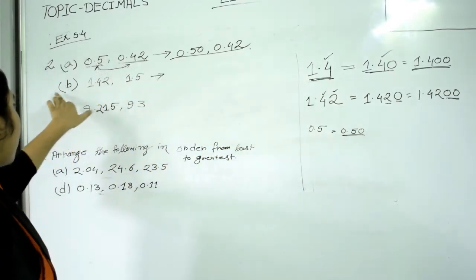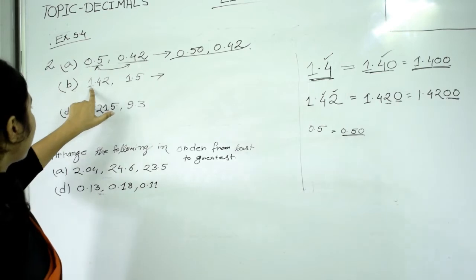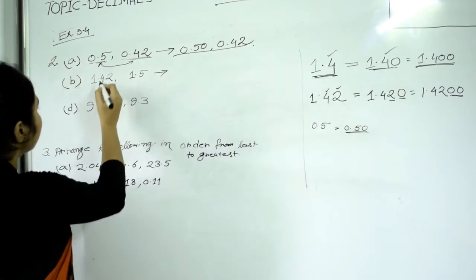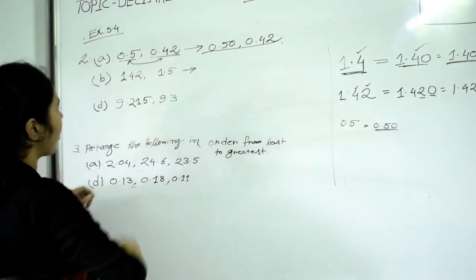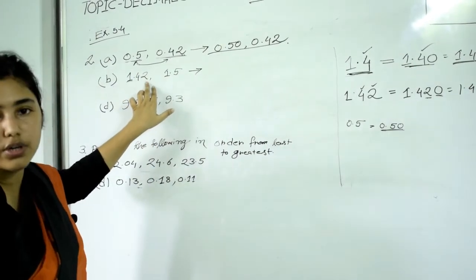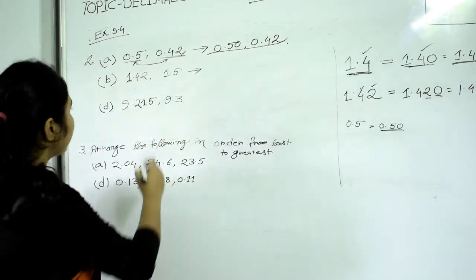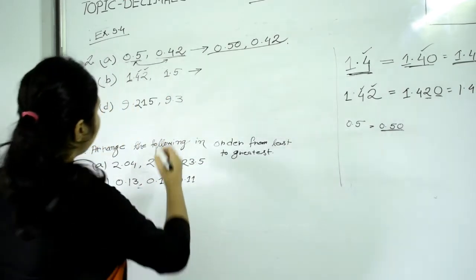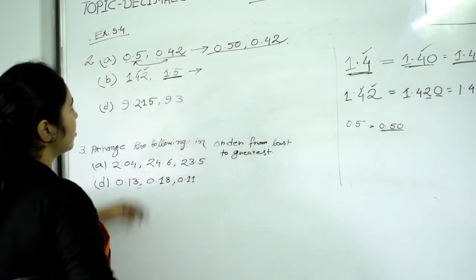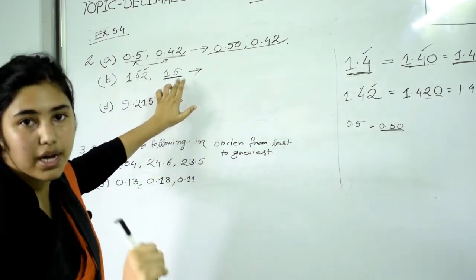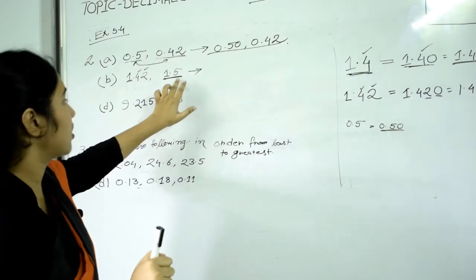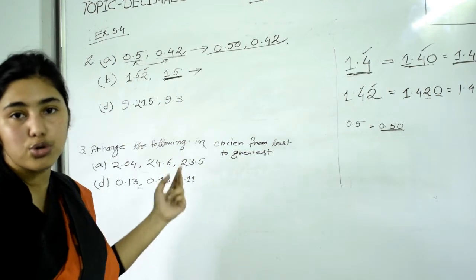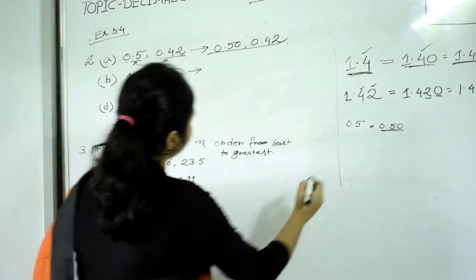Come to our next question, number B. Here the first number is 1.42, which means 1 is our whole number part and 42 is the decimal part, right? Which means this number has two decimal places. But look at this number 1.5. This number has only one decimal place, which means we have to convert this number into two decimal places.